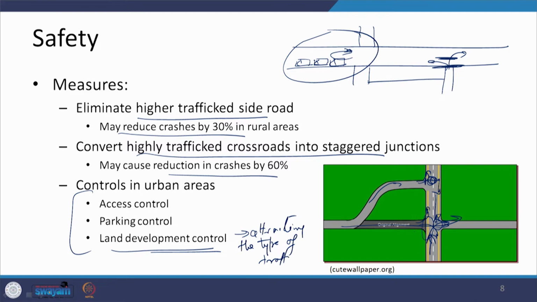So, in this case, if we can control things, or we can take them a bit away from the main highway and provide a frontage road and a service road in between, then again there is a possibility that the safety at that particular section can be improved.